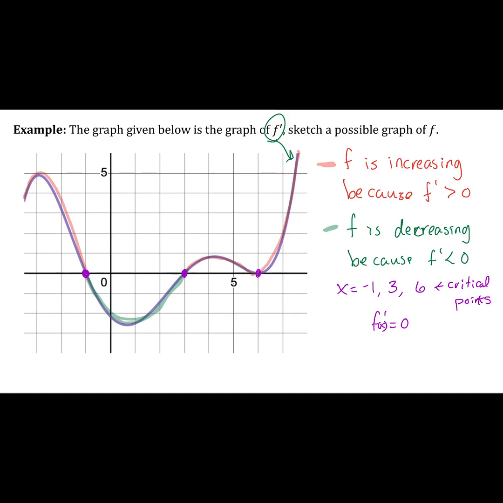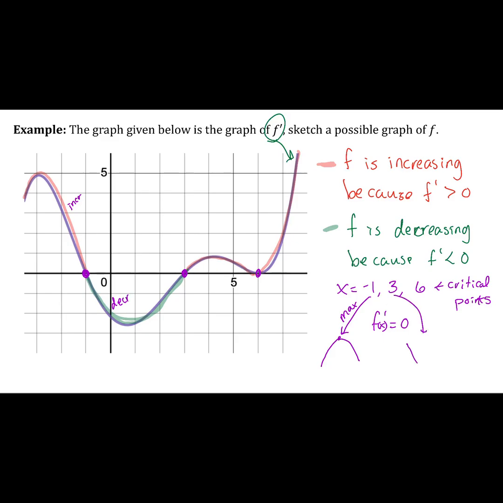Now, only 2 of them are actual mins and maxes. At -1, we're increasing before that and then decreasing after. So we are going to have a max there, right? Because we're increasing and then we're decreasing.